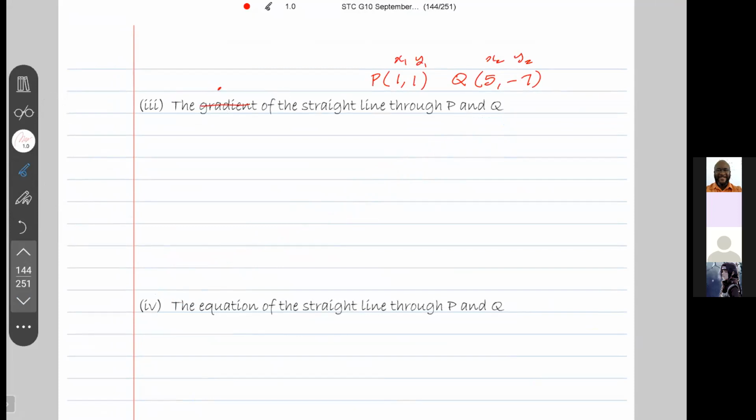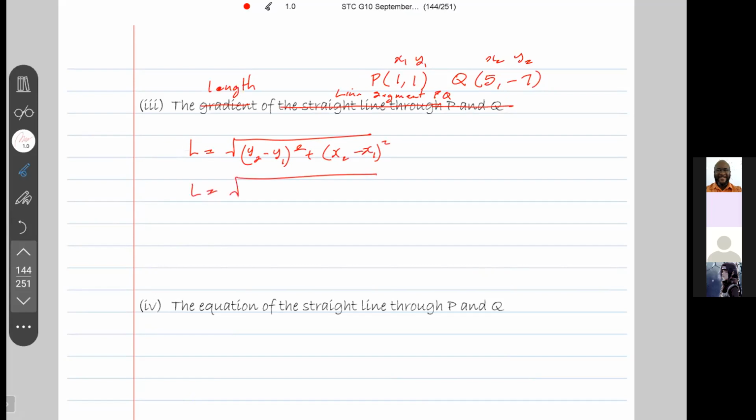Length of straight line segment PQ. L is equal to the square root of (y2 minus y1) squared plus (x2 minus x1) squared. L equals the square root of (-7 minus 1) squared plus (5 minus 1) squared.